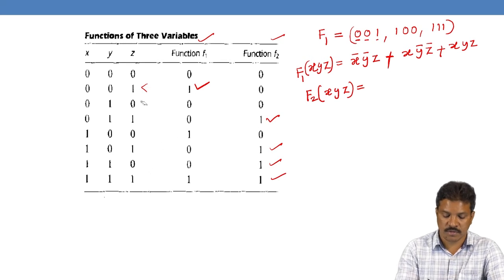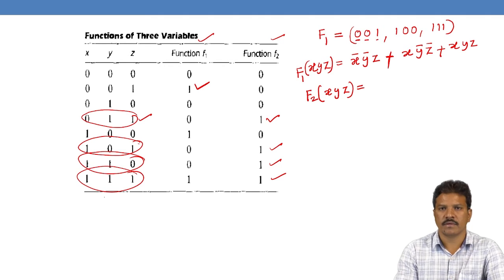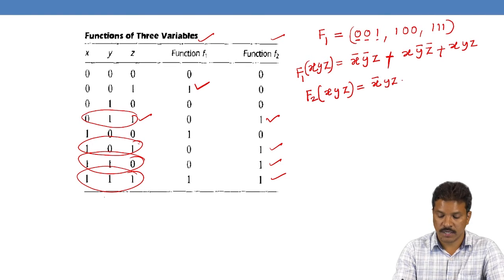So in these 4 terms, what is the Boolean value for the combination? 0 1 1, 1 0 1, 1 1 0, 1 1 1, that is 3, 5, 6, 7. 0 1 1 means x bar y z, plus x y bar z, plus x y z bar, plus x y z.